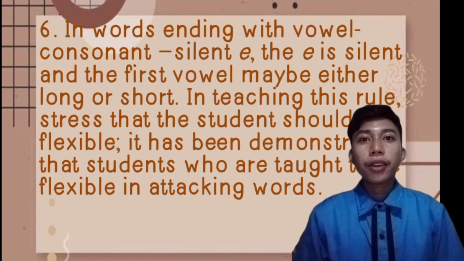Rule number 6. In words ending in vowel, consonant, silent E, the E is silent and the first vowel may be either long or short. In teaching this rule, stress that the student should be flexible. It has been demonstrated that students do better when they are taught to be flexible in attacking words.